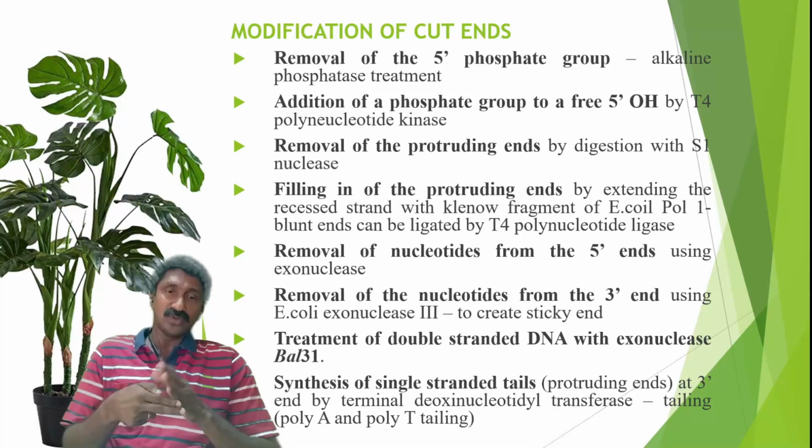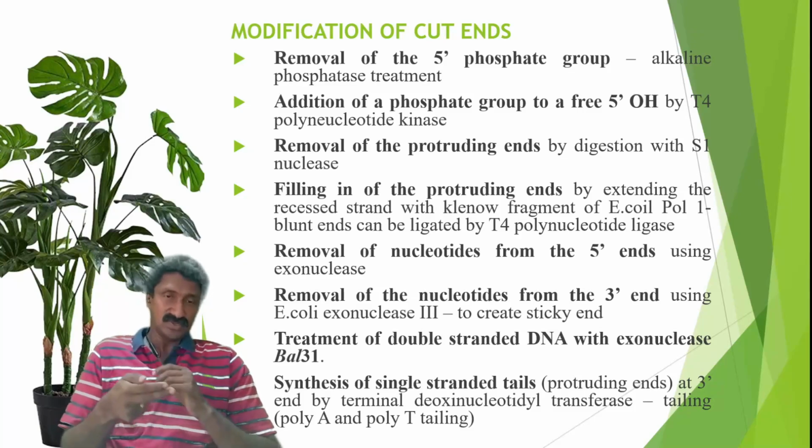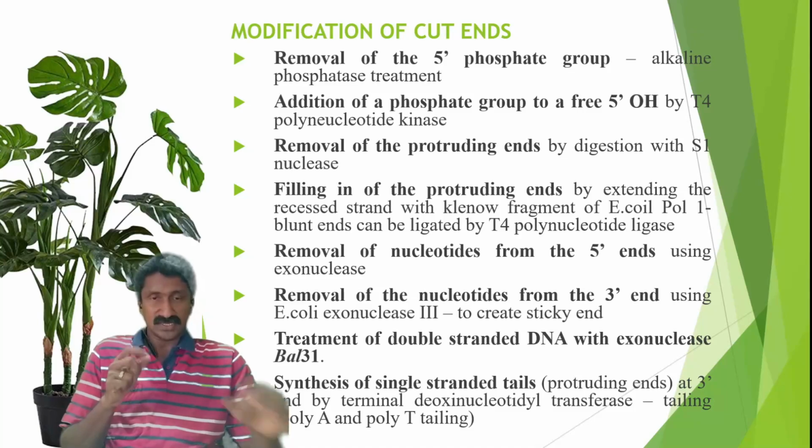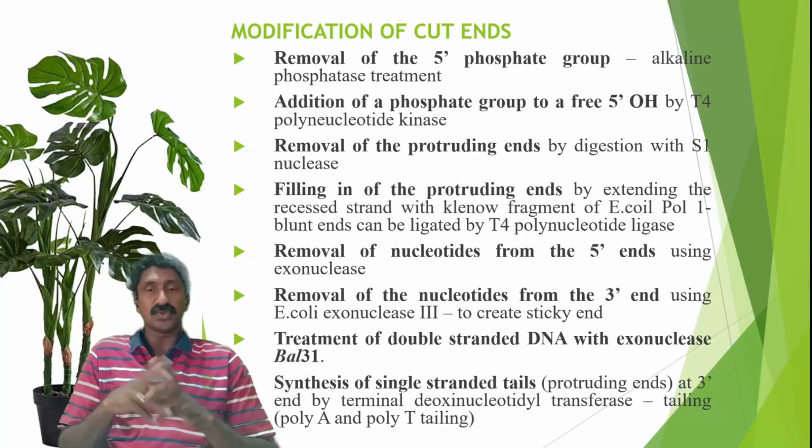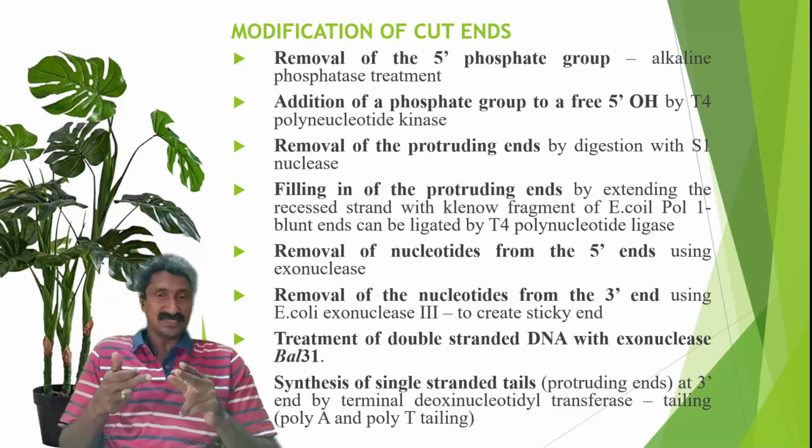And also you can use enzymes like E. coli exonuclease 3 that can be used for removing some bases from the 3' end. So these two items, the 5' end exonuclease and the 3' end exonuclease, both create sticky ends.